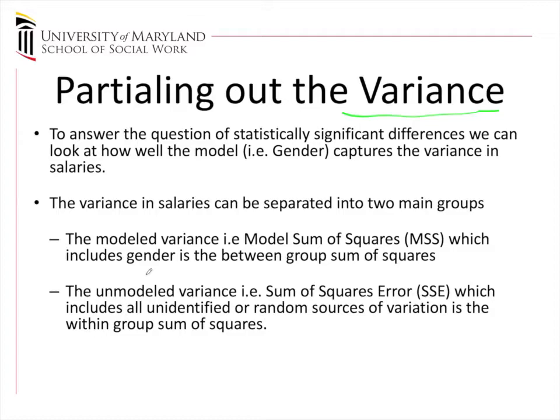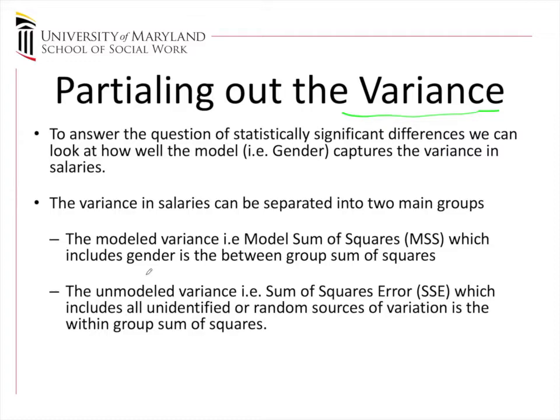We're going to then take that, and we're going to take the second piece that we did, where we broke those means into two separate means, and we're going to say, okay, so there's some variability that's in that model, in breaking it into two means. And then within those two means, there's still a bunch of variability left. Men didn't all have the same salary and women didn't all have the same salary. There was still variability within groups.